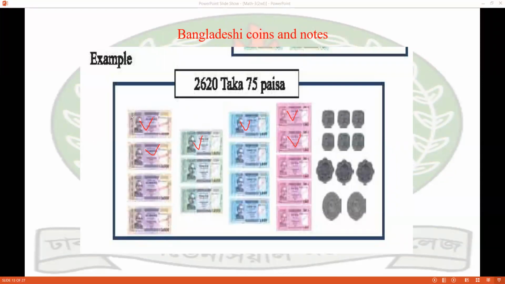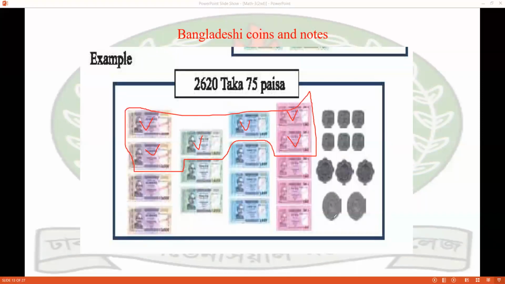When you choose these types of notes, you get total 2620 taka. And then paisa, there is 5 paisa, 10 paisa, and 50 paisa.